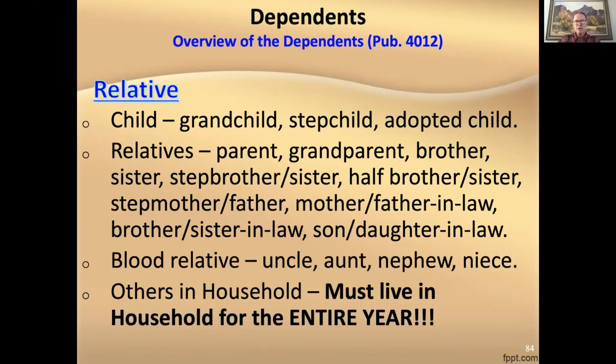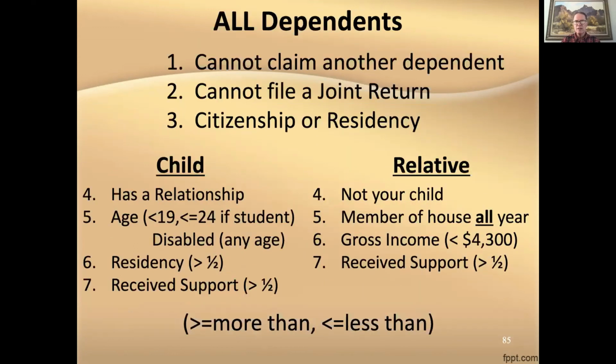For the relatives, it could be father-in-law or mother-in-law or daughter-in-law or sister-in-law. It could be a blood relative, uncle, aunt, nephew, niece. But if it's others in the household, then they have to have lived in the household for the entire year. And it's that entire year or the six-month rule that separates this out.